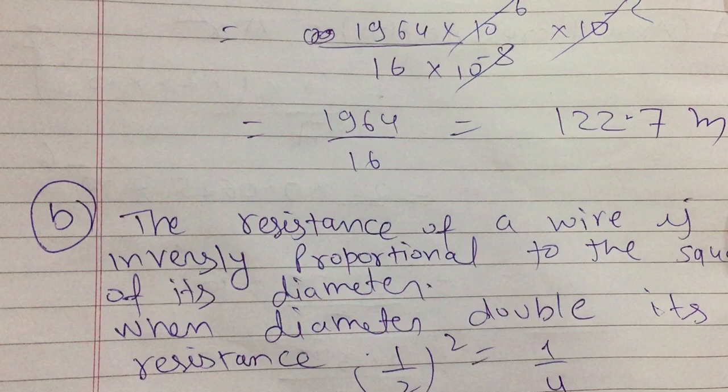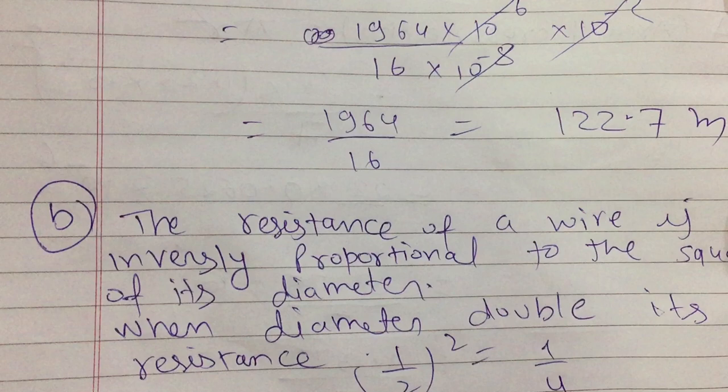So let's solve it. The diameter is given as 0.5 millimeter. So first, what will the radius be? 0.5 upon 2 gives 0.25 millimeter. It is given in millimeter, so convert into meter: 0.25 upon 1000, that is 0.25 into 10 raised to the minus 3 meter.